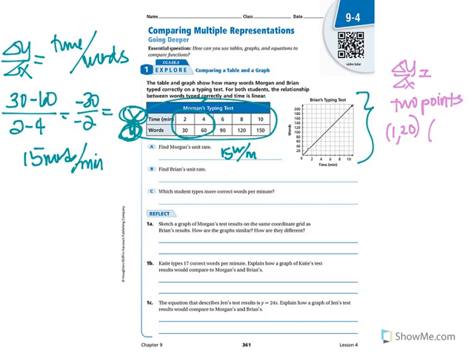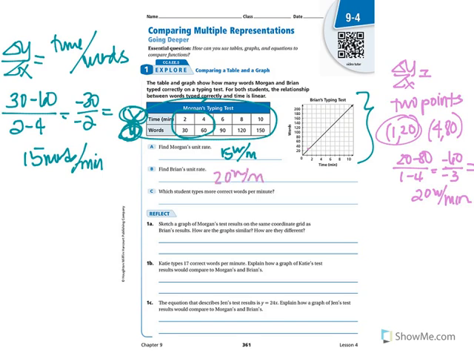I can pick 480, looks like it works too. But that ends up being my unit rate here. But just to prove it to you, change in y over change in x. So here I get negative 60 over negative 3, which ends up being 20, and we know that's words per minute.